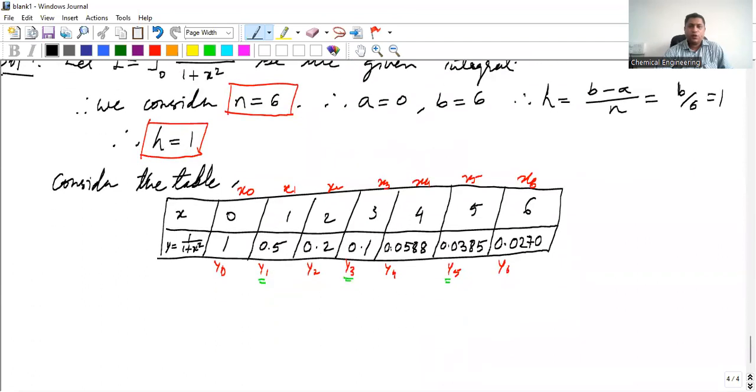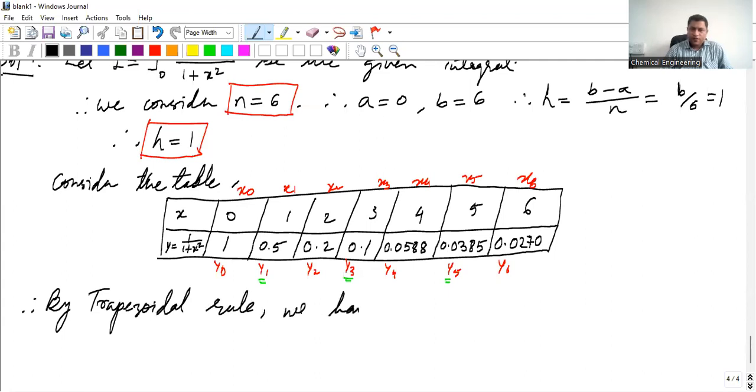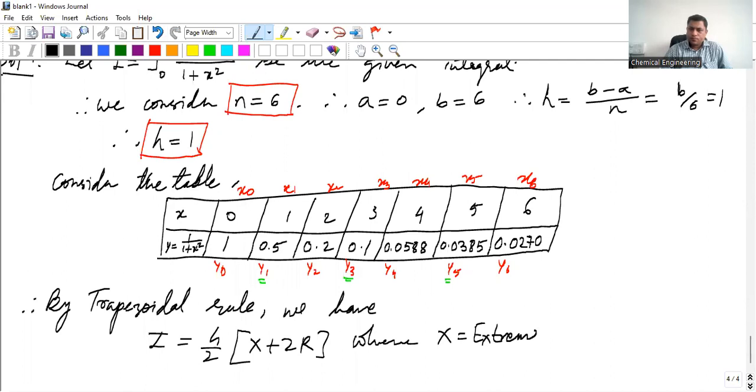So by the trapezoidal rule, the value of I is h by 2 into (X plus 2R), where X is equal to the extreme terms and R is equal to all the remaining terms.